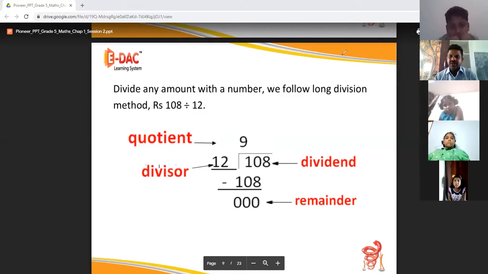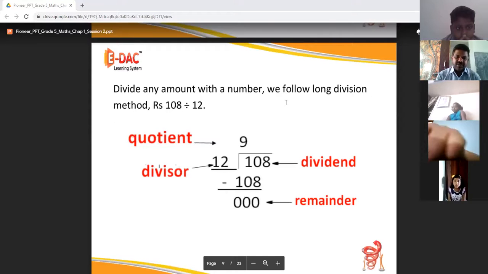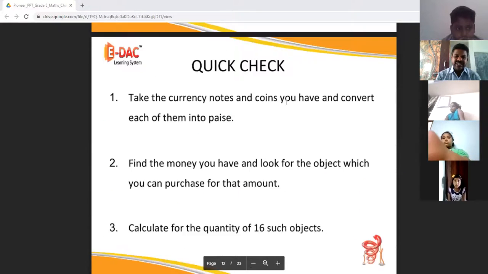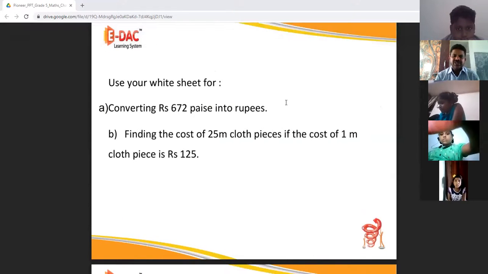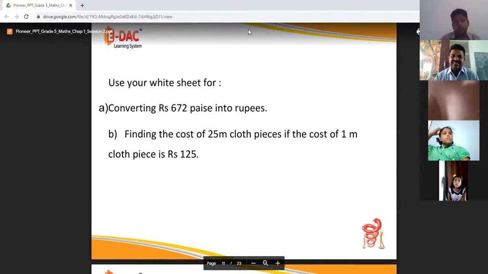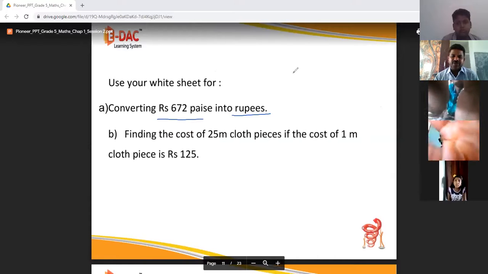Next. So finally I'm going to tell you examples. Use your white sheets for this. Convert 672 pies into rupees.